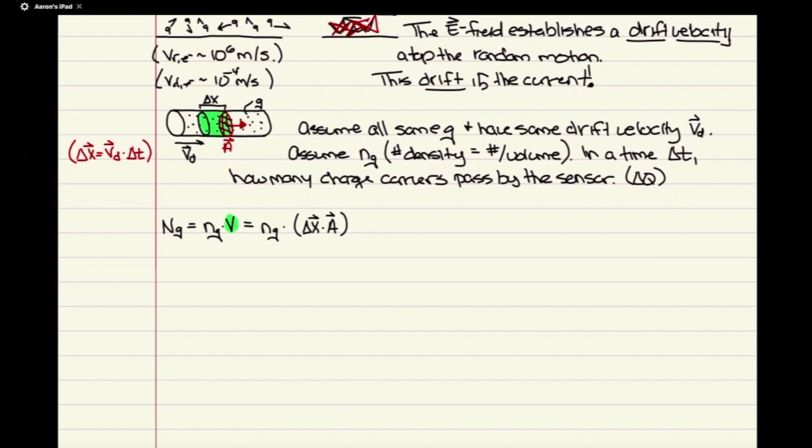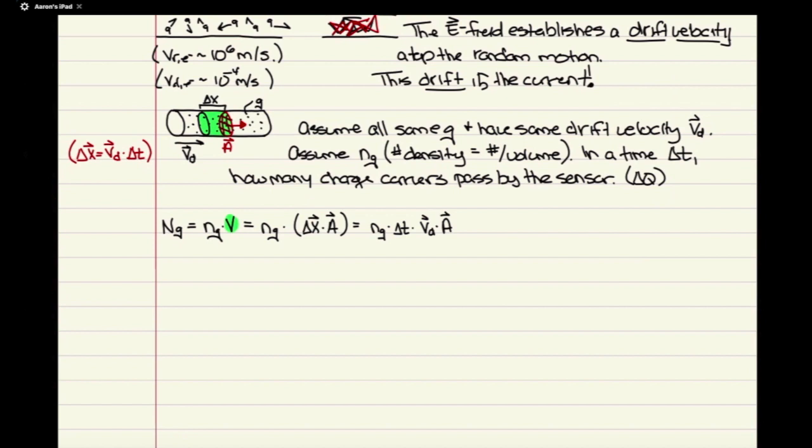If it's a different shape, it would be some different configuration that you use. But we just argued that delta x is just delta t times velocity, the drift velocity in particular. So I might write it like this.